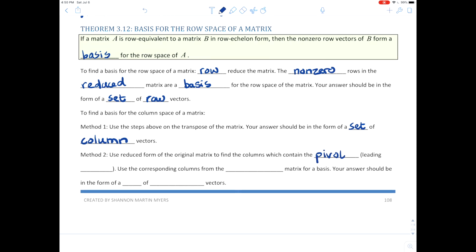Remember, the pivots are the leading ones. You use the corresponding columns from the original matrix. You need to use it from the original matrix in this one for a basis. Your answer should be in the form of a set of column vectors. Cool? All right.